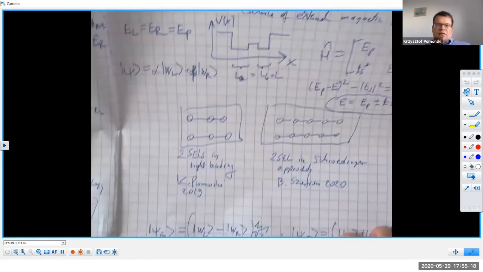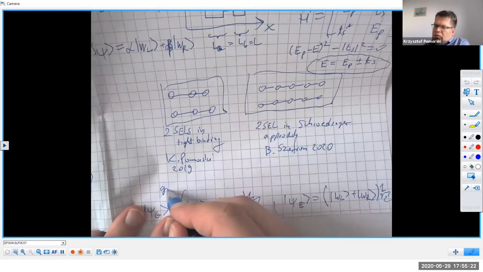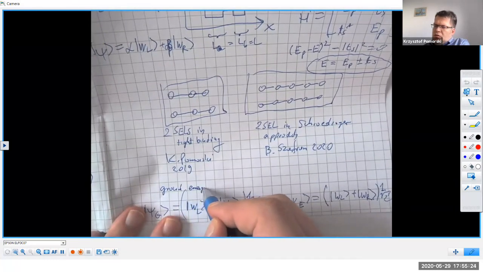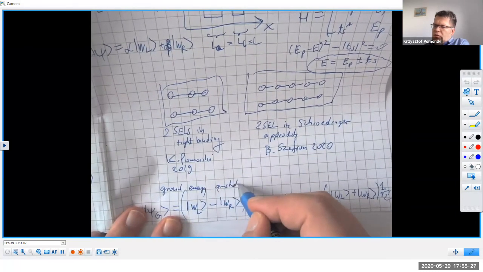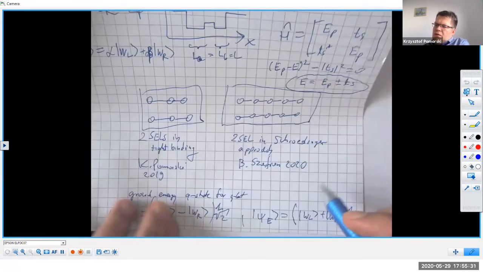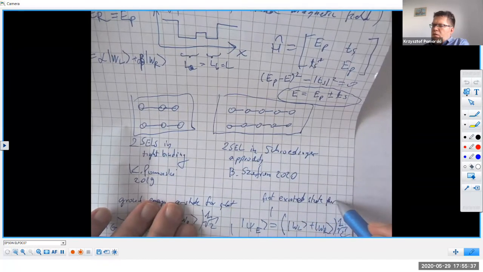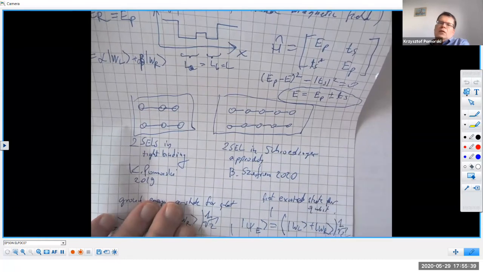So there's a combination of symmetry. So this is the ground energy quantum state for the qubit, and this is the first excited state for the qubit. This one.